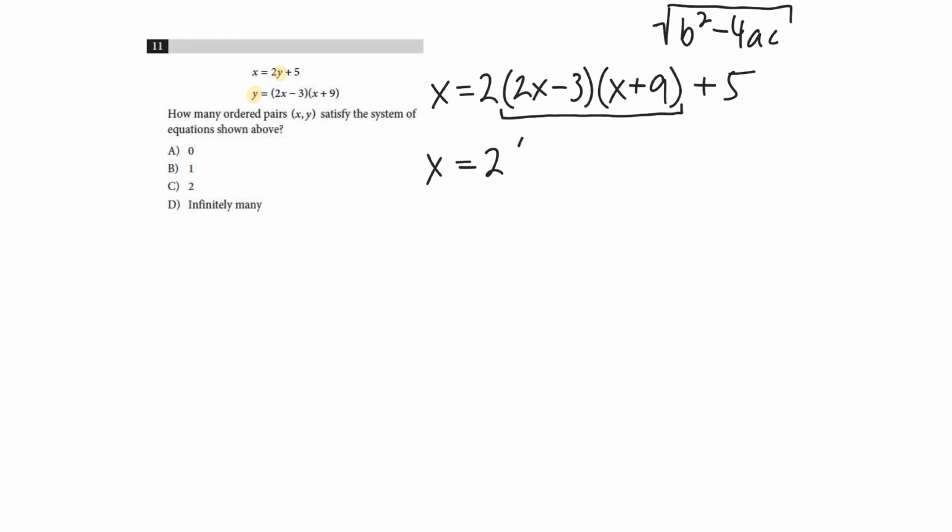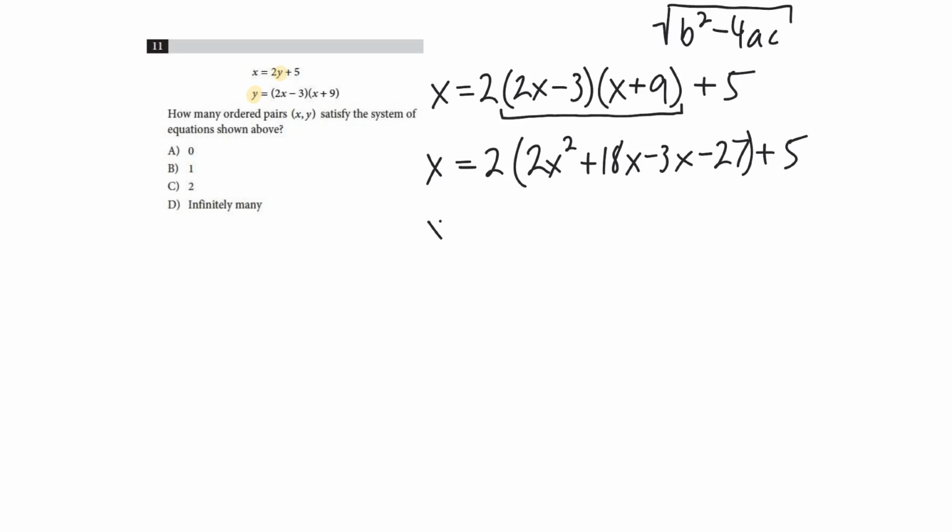I'm going to get 2 times, well, it's going to be 2x squared, for 2x times x, and then 2x times 9, that's going to be 18x. And negative 3 times x, that's going to be negative 3x. And negative 3 times 9, that's negative 27. Okay, plus 5 on the end.